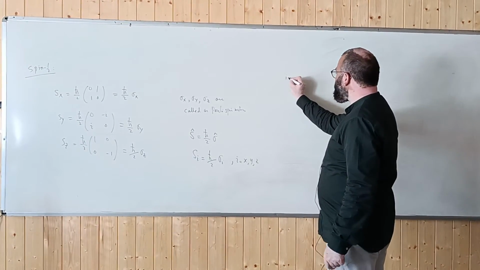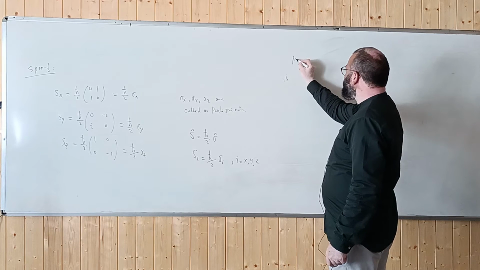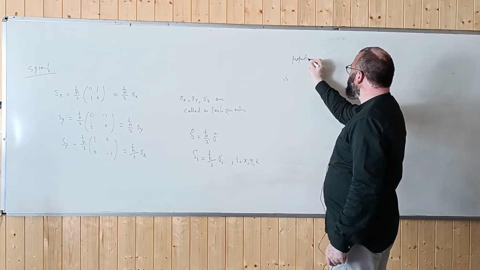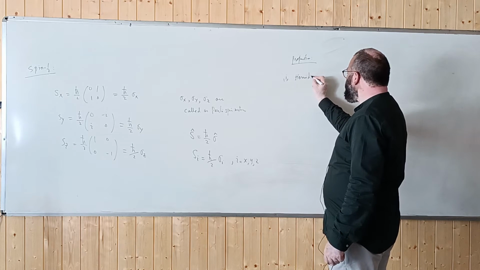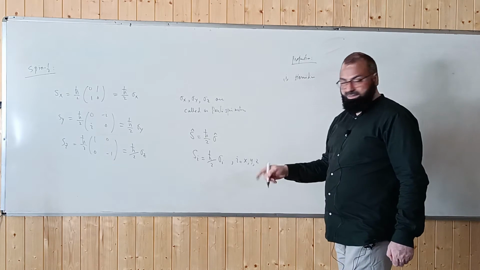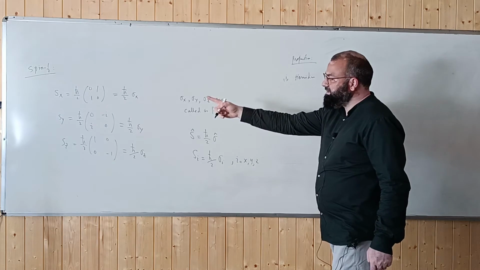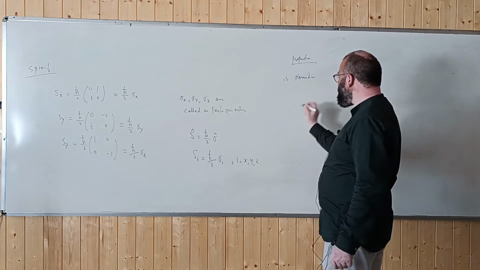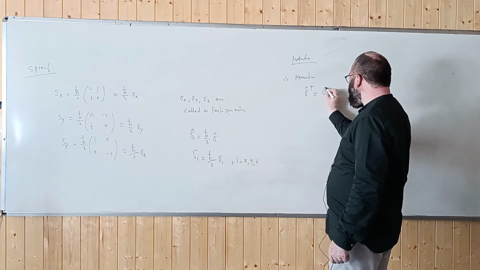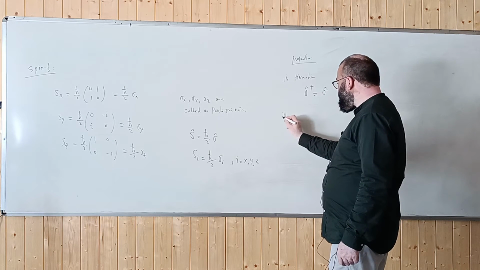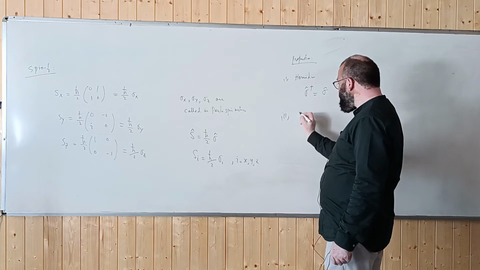First property: they are Hermitian. Is that true? Just take the dagger of this matrix 0, 1, 1, 0, so sigma dagger is the same as sigma. Now let's look at the trace of these operators.